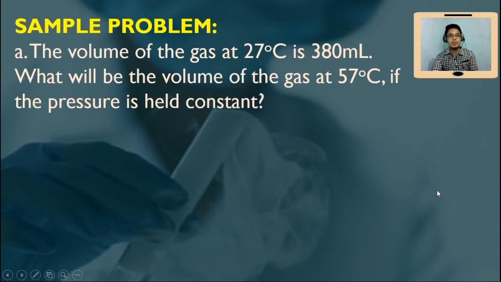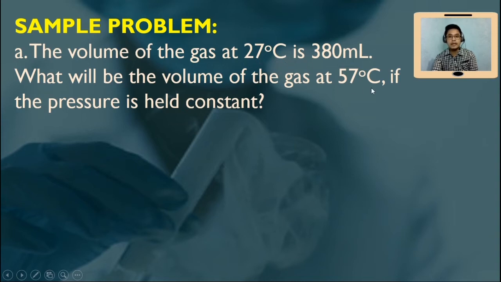So for our sample problem, okay, the volume of a gas at 27 degrees Celsius is 380 milliliters. So what would be the volume of the gas at 57 degrees Celsius if the pressure is held constant? So take note also, ang ating temperature ay naka-express in degrees Celsius at na-mention ko sa inyo nung nakaraan na video tutorial na laging dapat siyang i-express sa Kelvin.